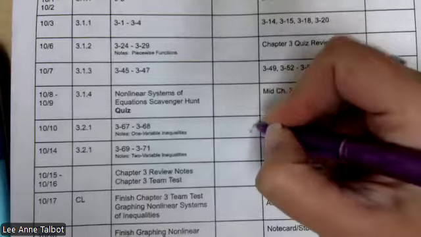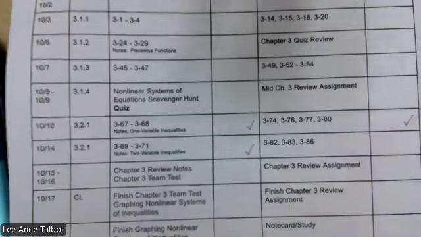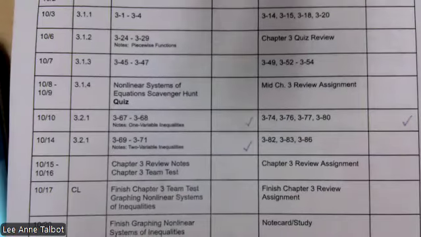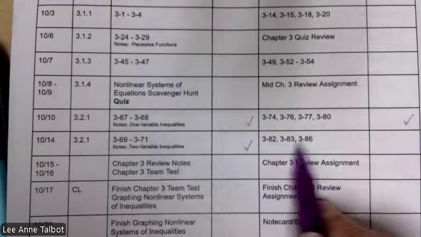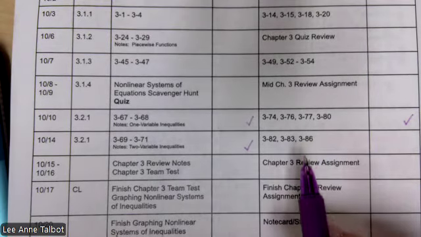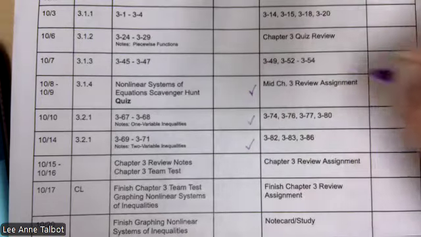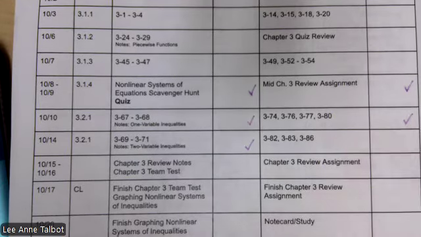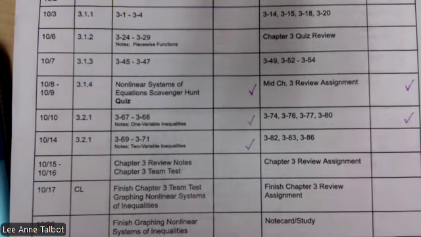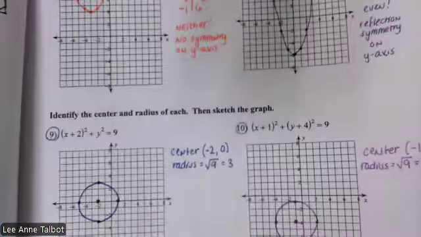So I need to do this, this, and this. This is tonight's homework, just 3 problems tonight, 82, 83, 86. And then the warm up, the scavenger hunt and the mid chapter, I did not do these. So, I mean, I'll do my best to get around, everybody.